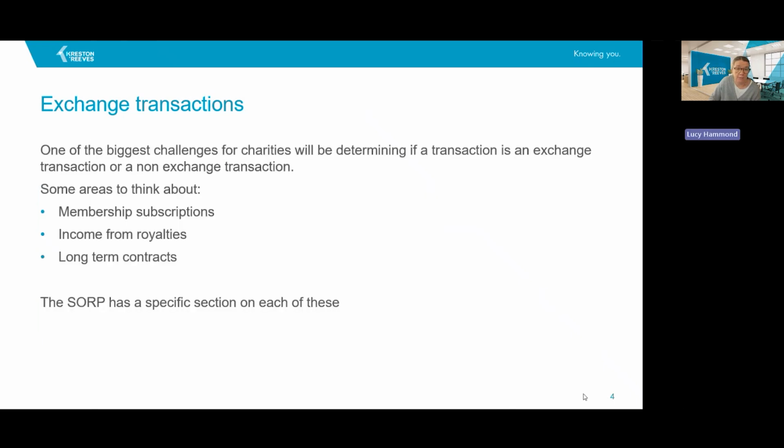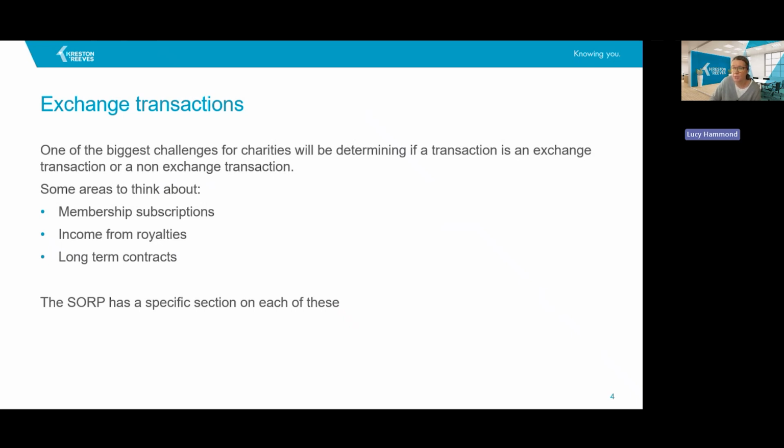One of the biggest challenges for charities will be determining if a transaction is an exchange transaction or a non-exchange transaction. There are some specific areas to think about, for example, membership subscriptions, income from royalties, and long-term contracts. And the SORP has a specific section on each of these. The key here will be determining when your charity is delivering a performance obligation.